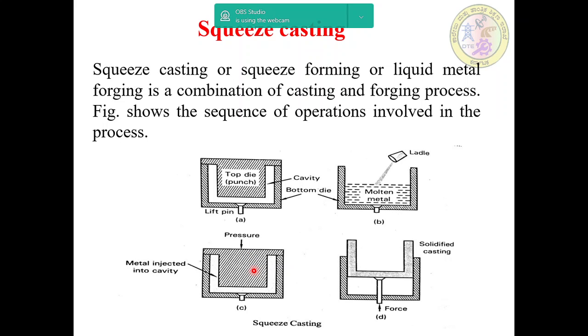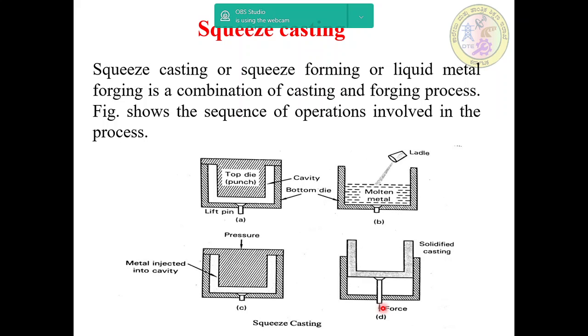This causes the molten metal to get squeezed and fill the mold cavity, and the squeezing pressure is applied until solidification is completed. The casting is ejected by operating the lift pin, or ejector pin, provided in the bottom die, and the die is made ready for the next cycle.